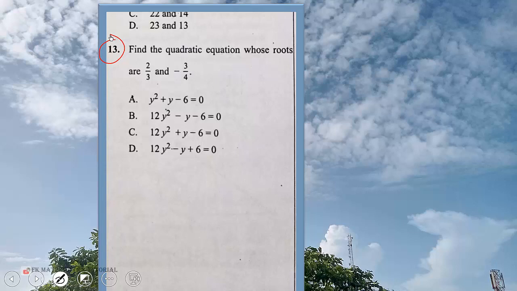Now let's look at question number 13. Question number 13 says that we have to find a quadratic equation whose roots are 2 over 3 and negative 3 over 4. So we were going to work backwards. So y is equal to 2 over 3 and x is equal to negative 3 over 4.